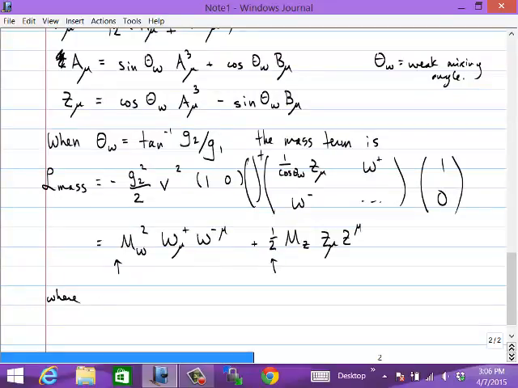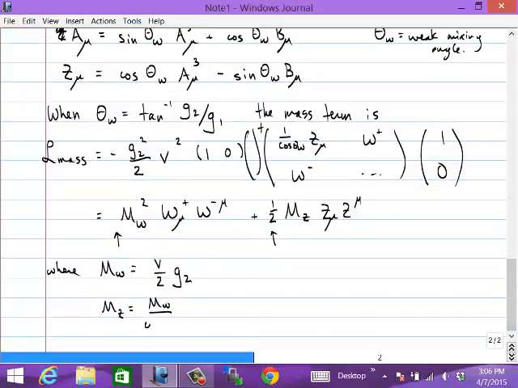Here, the W mass is V over 2 times G2, and the Z mass is the W mass divided by the cosine of the weak mixing angle.